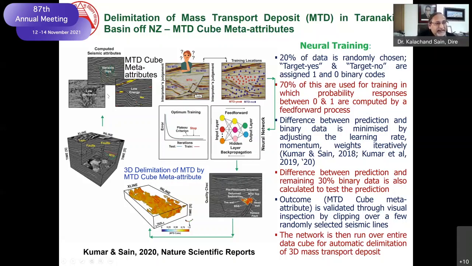Now, using this artificial intelligence concept, we have identified many attributes of this input layer, and using the hidden layer, based on the feed-forward process, we generate the outcome, and that outcome lies between 0 and 1. So at this observation point, we know where the mass transport deposit is present and where it is absent.